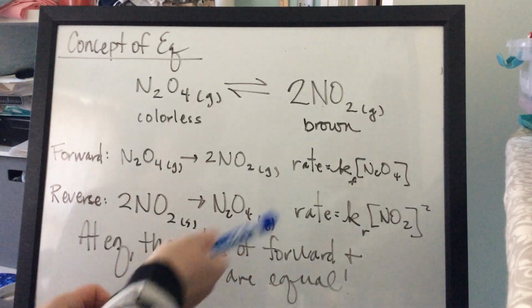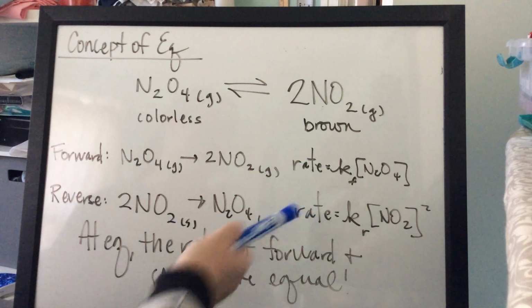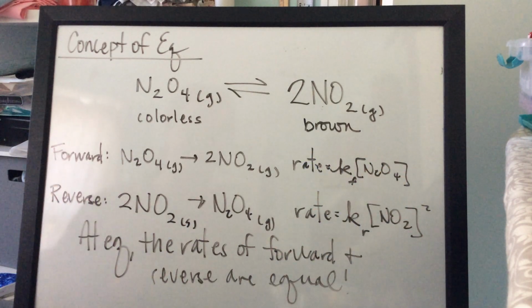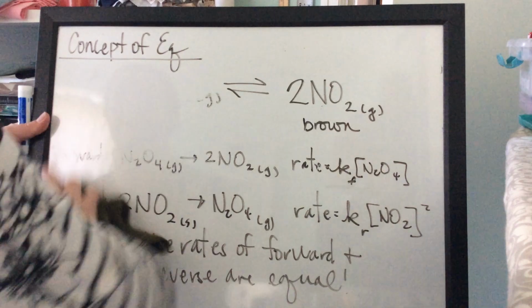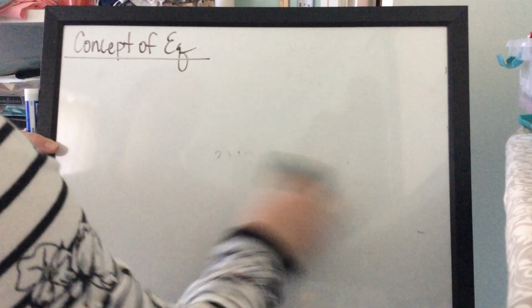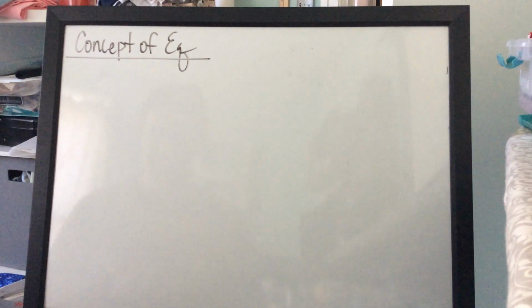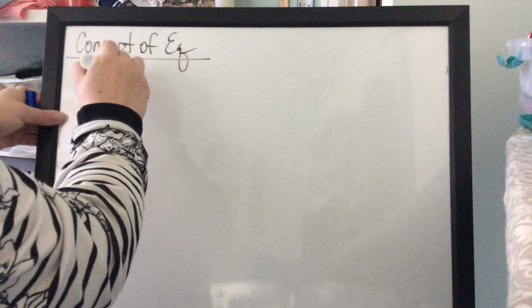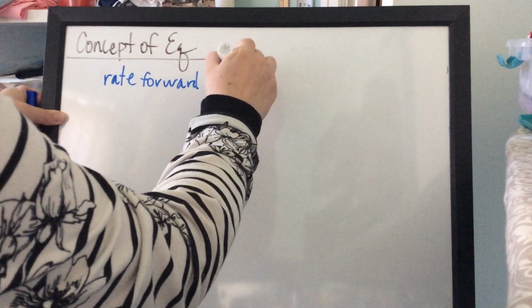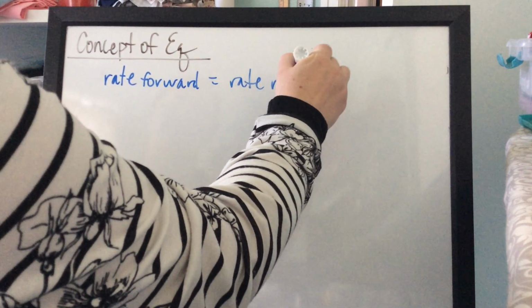What I just wrote, this rate is equal to this rate, which means this rate law is equal to this rate law. And it's going to help us derive this idea of equilibrium. So I have rate forward equals rate of reverse.